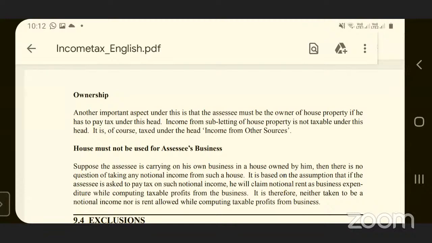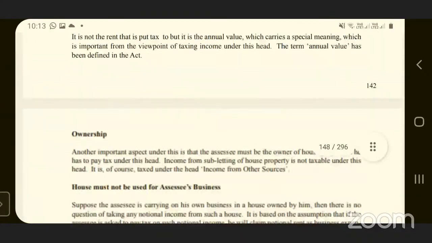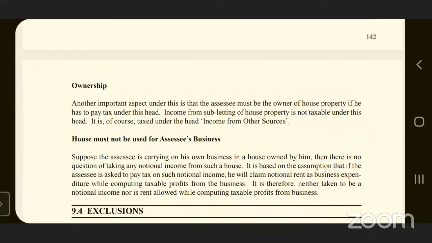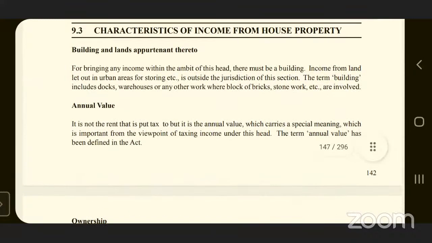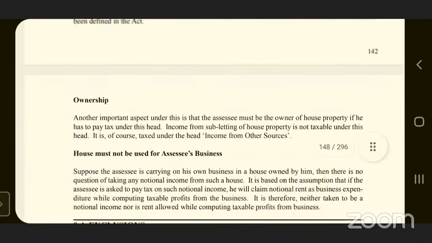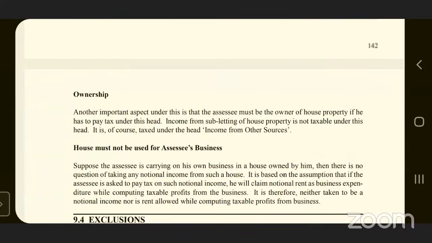Whatever income arises out of the building as rent, but here he is not the owner when he is giving it on a sub-rental basis. So that comes under another head, which covers income from other sources. So the assessee should be the owner of that particular building. Otherwise, that income is not considered as income from house property, even if it is arising as rent from a building. So, observing ownership is important.